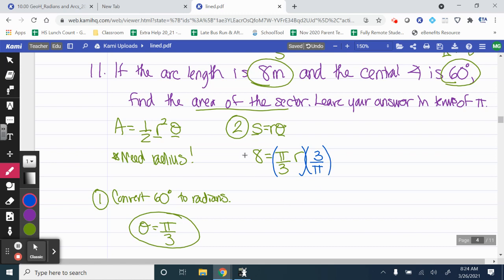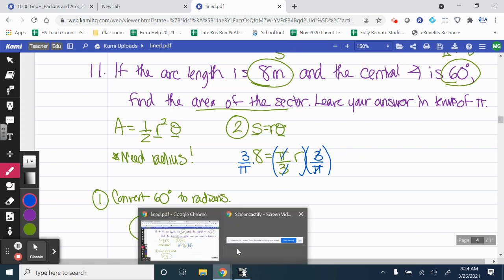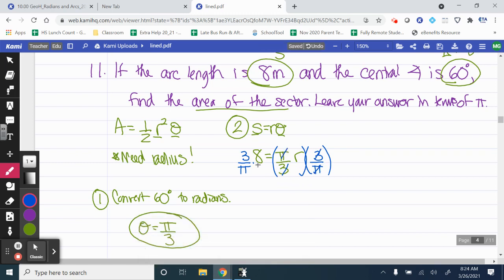Whenever you're tempted to divide by a fraction, multiply by the reciprocal, because we never want to leave fractions inside of fractions. So now these cancel out over here, and over here we'll get 8 times 3 would give us 24 over pi. So that's going to equal r.